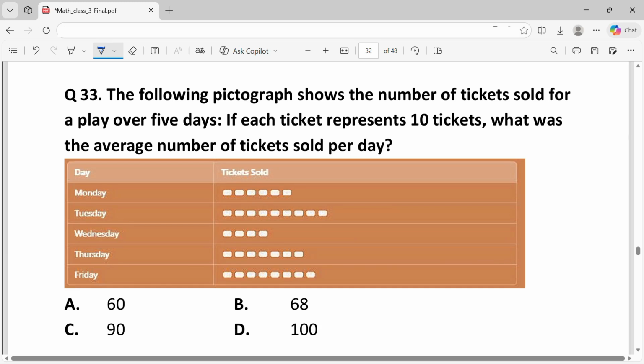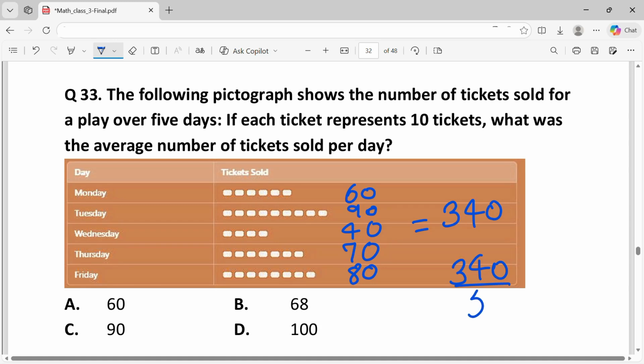That is 1, 2, 3, 4, 5, 6, 60 on Monday, 1, 2, 3, 4, 5, 6, 7, 8, 9, 90 on Tuesday, 40 on Wednesday, 70 on Thursday, and 80 on Friday. So the sum of all the observations is equal to 340. Average will be sum of observations upon total number of observations, that is 5, which is equal to 68, that is option B.